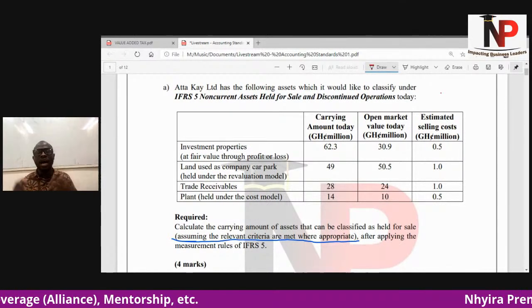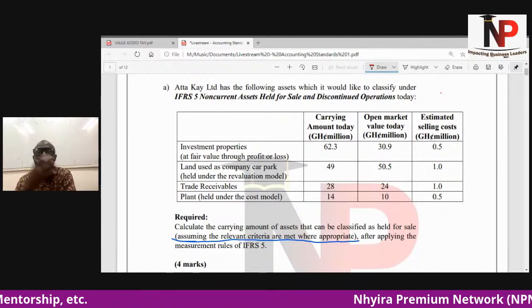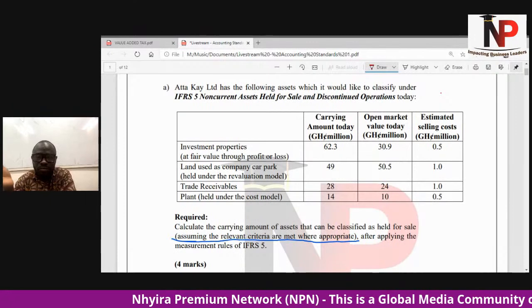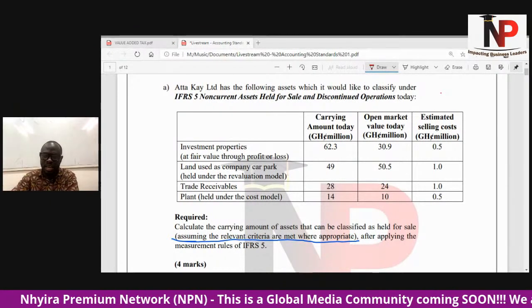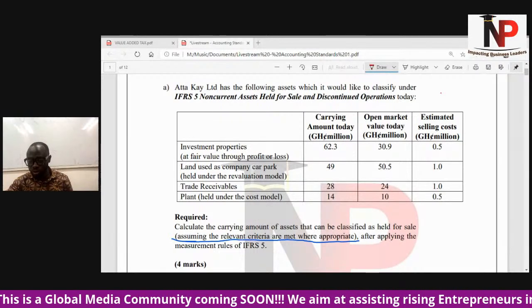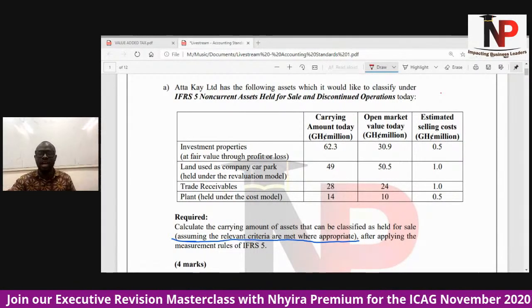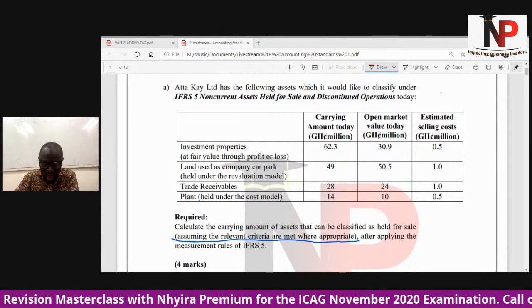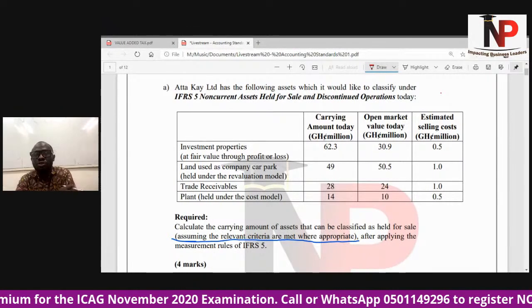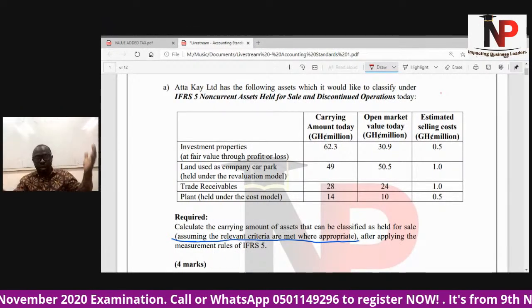So this is where an entity has been using an asset for a number of periods, but then for some reason, they would not want to use the asset again for the purpose for which they intended it to be used. Maybe because they are reorganizing the company, or they are not able to use the asset again due to whatever reason.